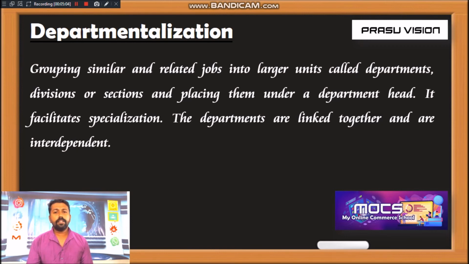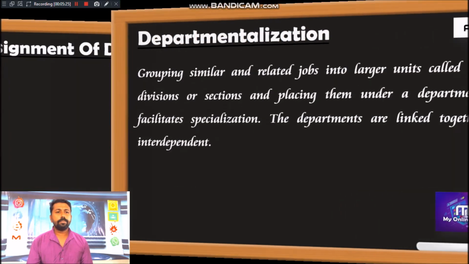The departments are linked together but they are independent, interdependent. So remember, all the work being divided and categorized into different departments is known as departmentalization. This is the second process in organizing.